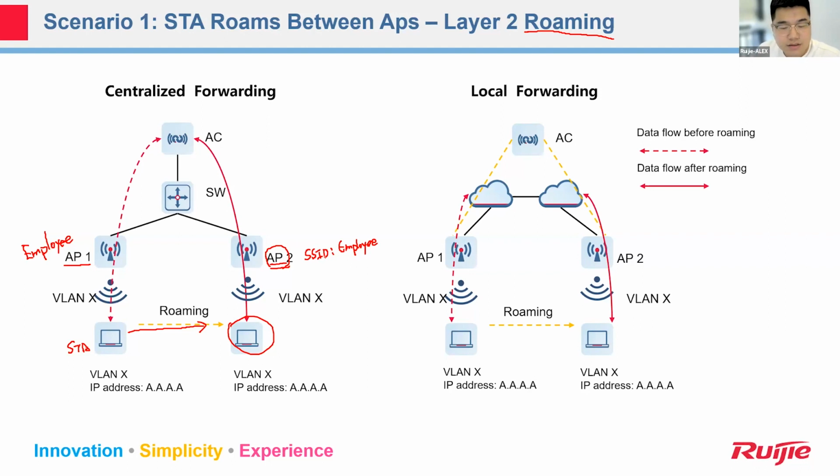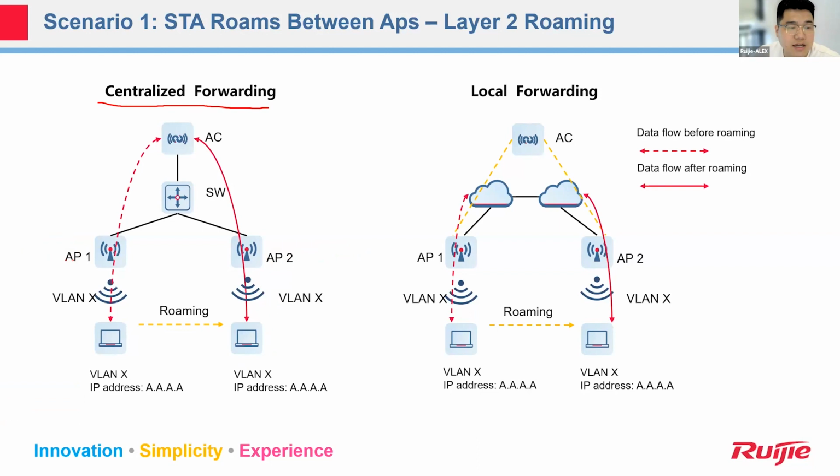Okay, so let's see it. After moving to AP2, the STA will reassociate. Pay attention here, reassociate with AP2. And in this case, the traffic will be sent to AP2. If the forwarding mode is centralized forwarding, no matter AP1 or AP2, they are actually managed by the same AC.